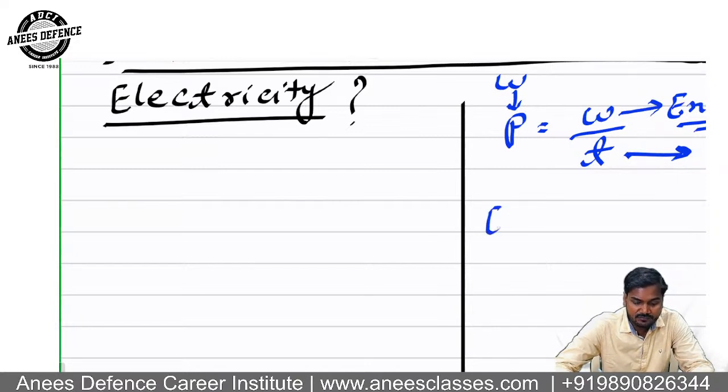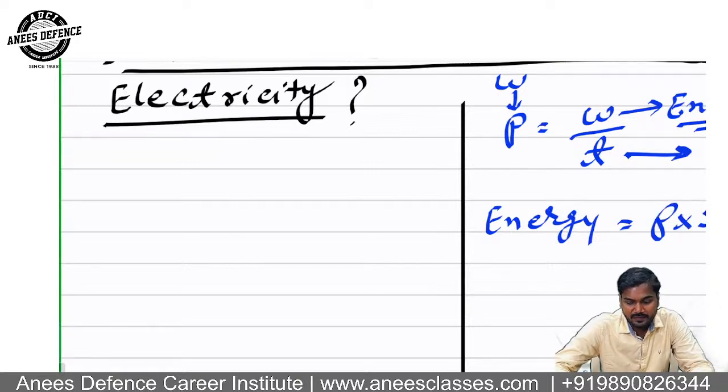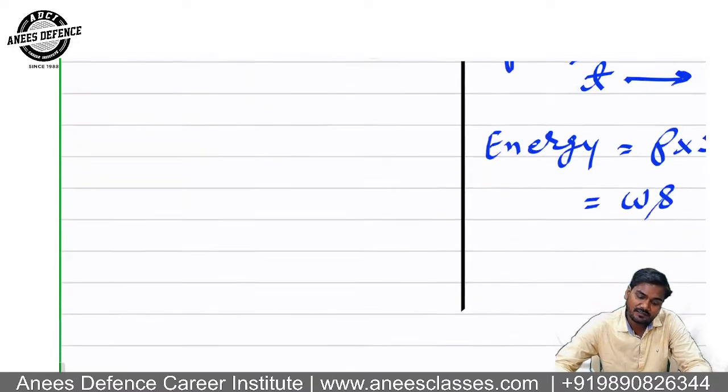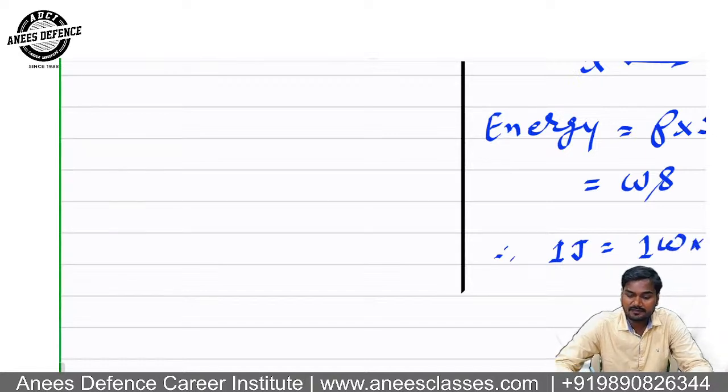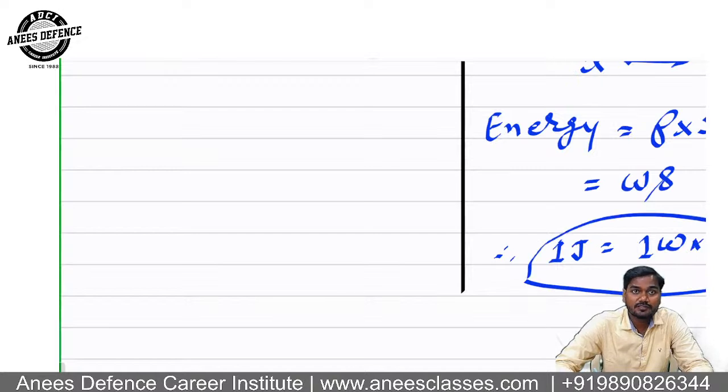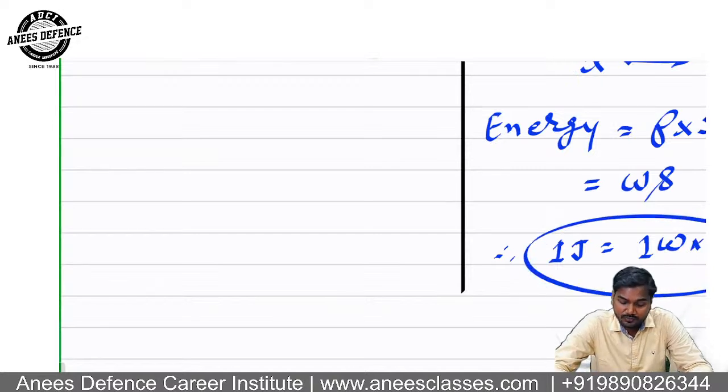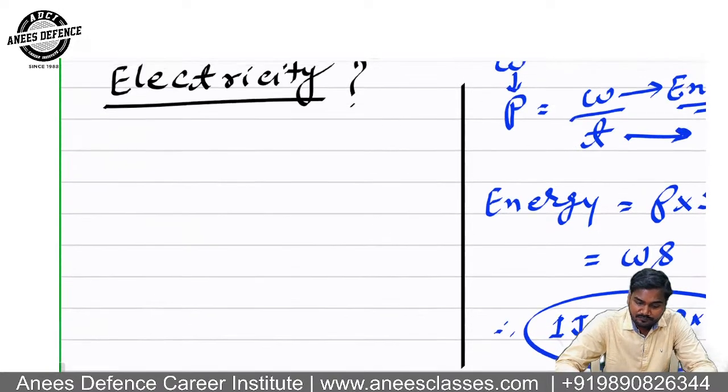So when energy is calculated, energy is nothing but power into time. Hence you can write 1 joule is equal to 1 watt into 1 second.